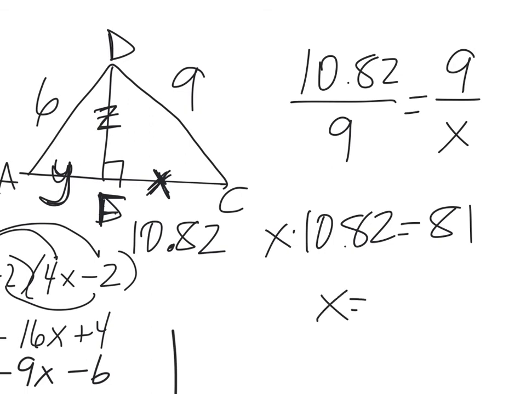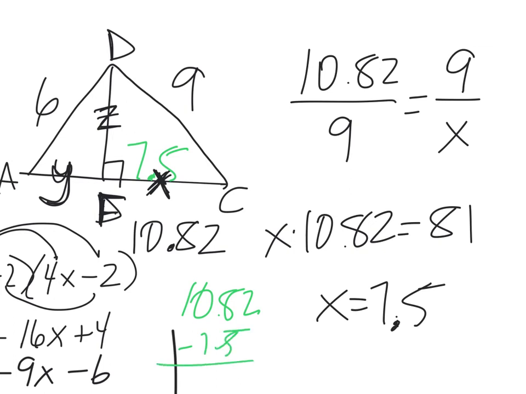And x is 7.5. So if this much is 7.5, I can subtract that from 10.82. That gives me 3.32.